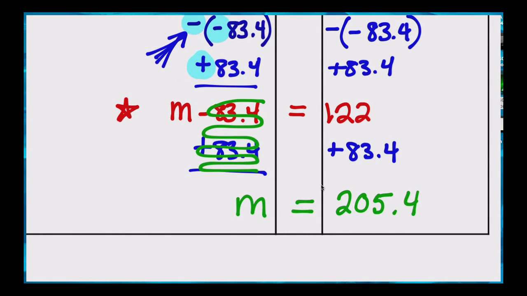If you got to 205.4, then you have performed the correct sequence of mathematical steps. Now, if it wasn't exactly the same as mine, that's fine. Ladies and gentlemen, that's fine. Some of you are going to think about this differently because subtraction and negative numbers are tricky business. But if you got to 205.4 in your brain and on paper, you are performing the correct sequence of mathematical operations.